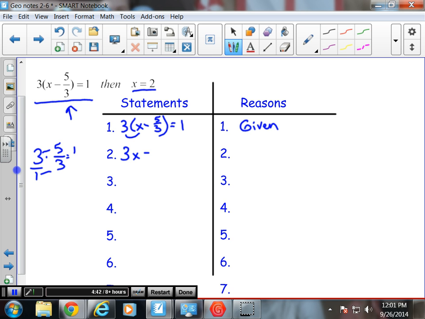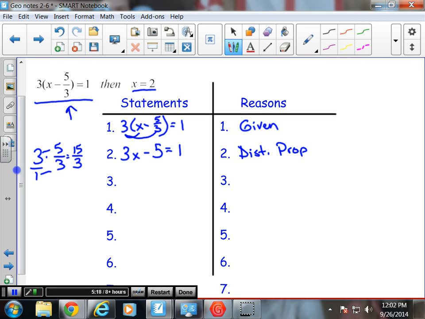Multiply straight across, I get 15/3. 15 divided by 3 is going to give you minus 5 equals 1. And since I told you at the beginning I'm going to distribute the 3, it is the distributive property. All right, so once we have the distributive property, we can move on.